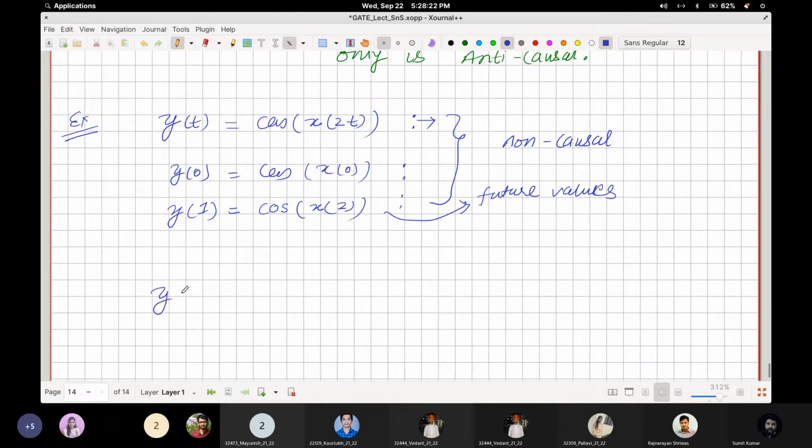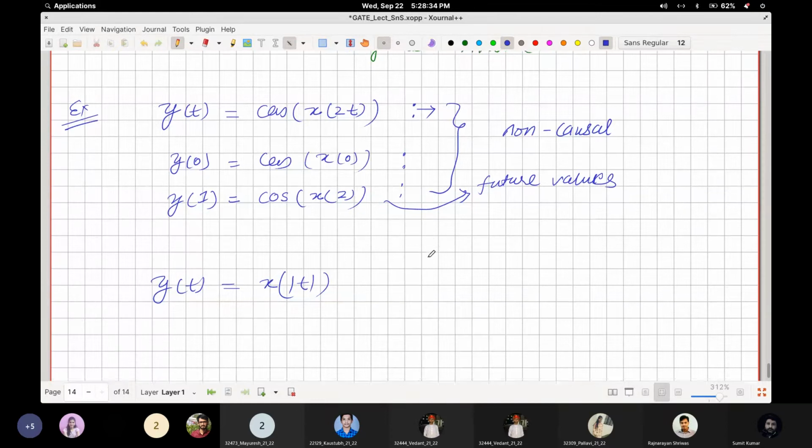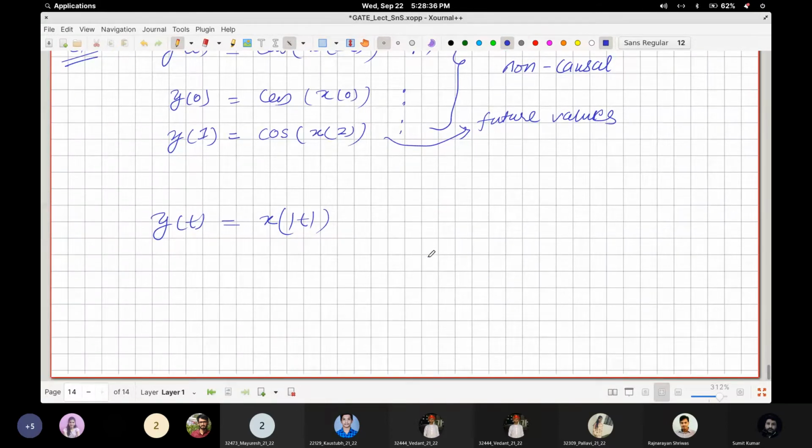Let's see another example along similar lines. Let's say you have cos of x of mod t. Tell me whether this system is causal, anti-causal or non-causal.